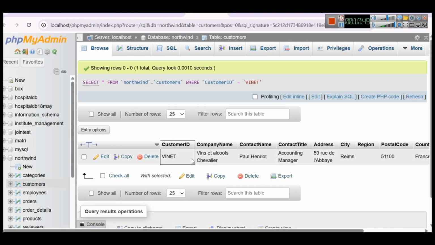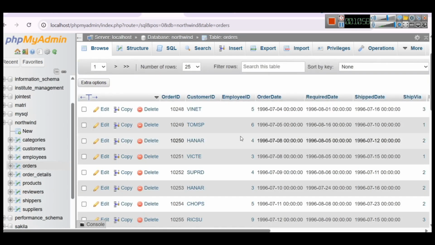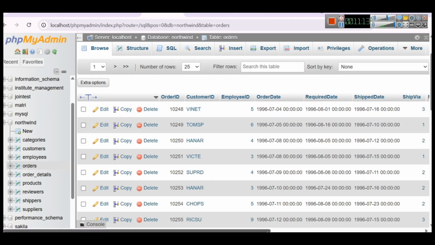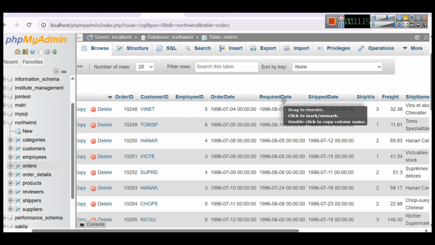And when we go to VINET, this is Vins et alcools Chevalier, and the contact name is Paul Henriot. Maybe I cannot pronounce the name correctly, but these are the customer details which are available in another table. And who received the order? Employee ID 5. What was the date when the customer asked to deliver the order? What was the ship date, like when was it shipped?